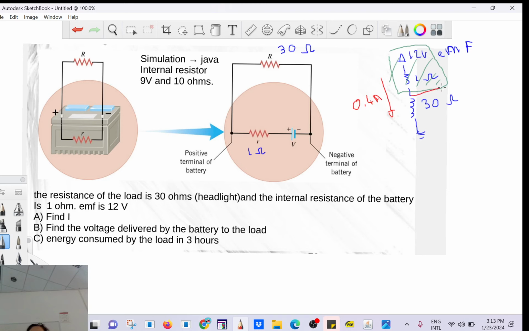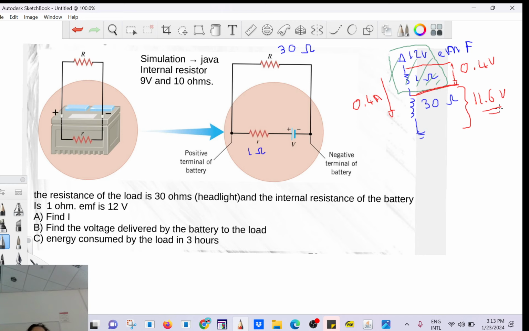Okay. So what's going to be the voltage drop here? It's going to be 0.4 times 1, which is 0.4 volt. So how much is left here? 11.6 volt. So it means when you connect the battery, when you start your car and you have your headlight on, instead of getting the 12 volt, you're going to get only 11.6.